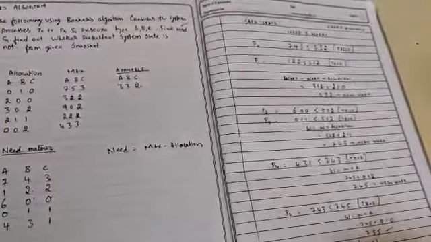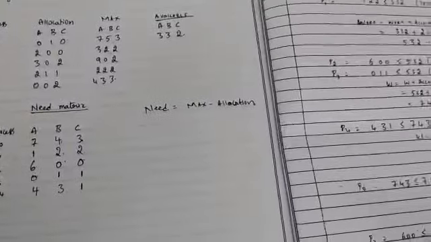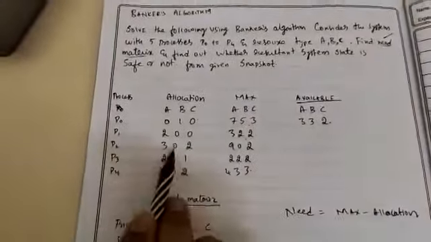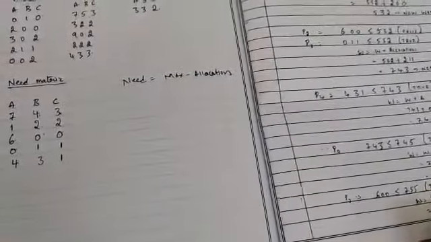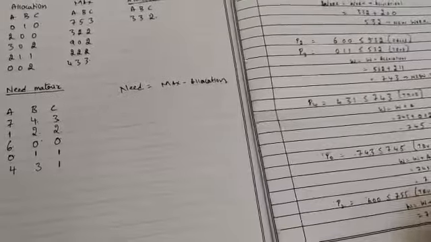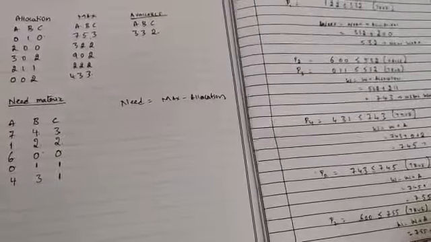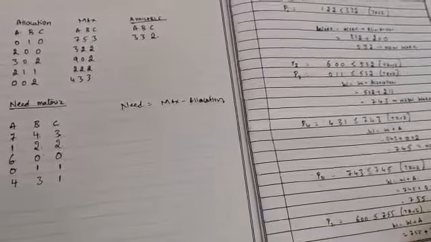Work is 7, 5, 5 plus the allocation of P2, which is 3, 0, 2. That is 7 plus 3 is 10, 5, and 5 plus 2 is 7. So this becomes the new work.